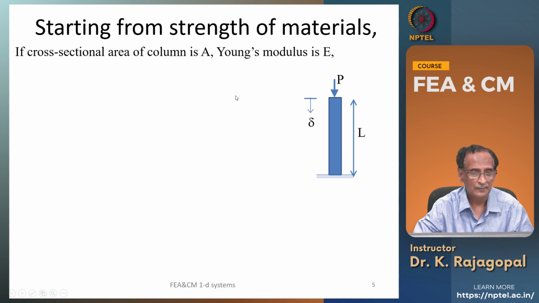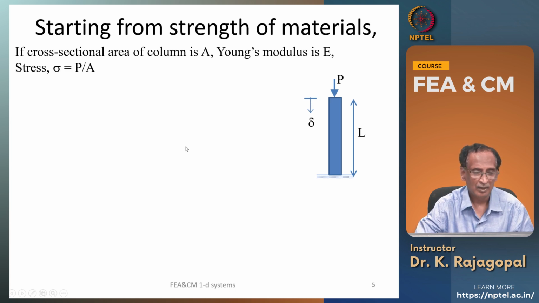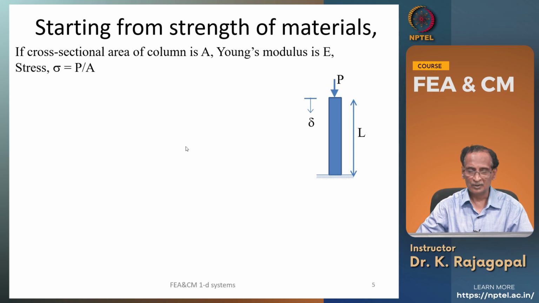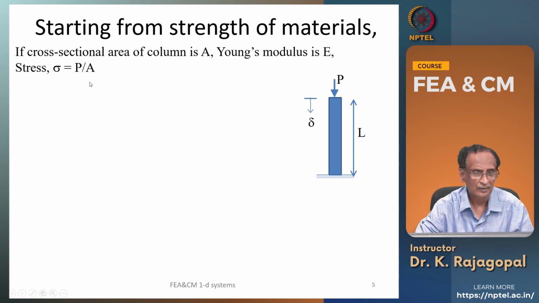Let us look at a columnar element of length L and area A, and let its Young's modulus be E, and let us say that we applied a load of P, and we would like to know what is the displacement at the top. Okay. And for doing that, we can do the following.